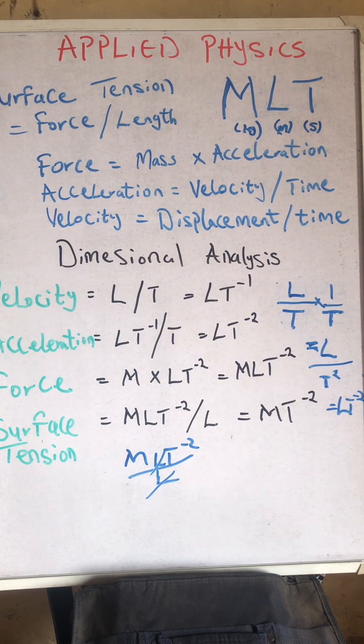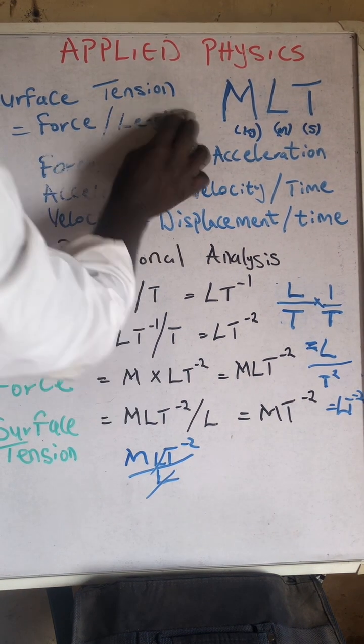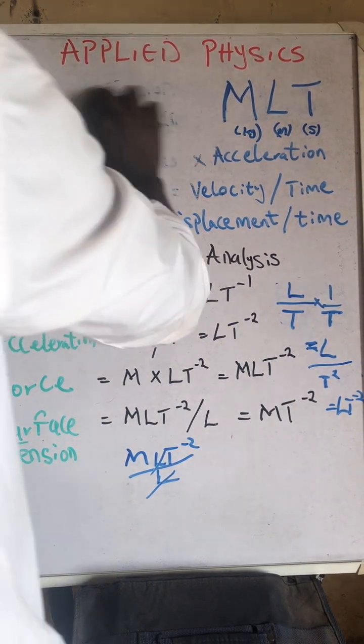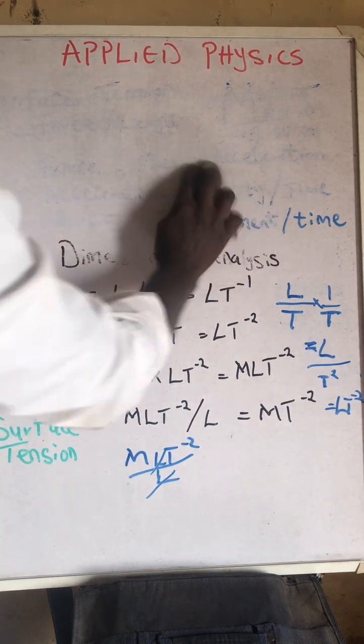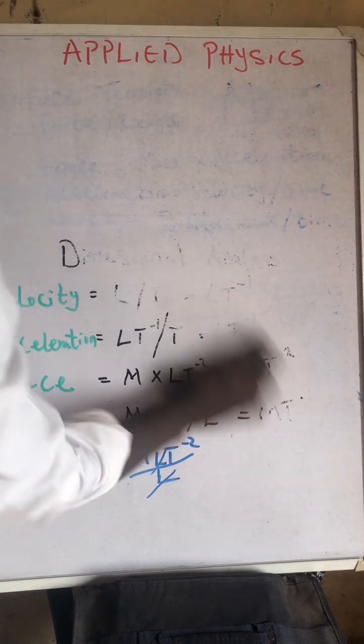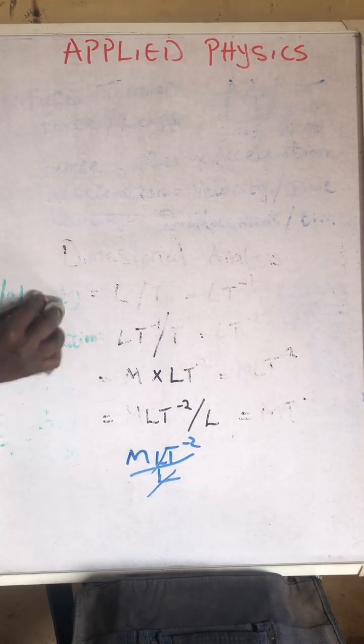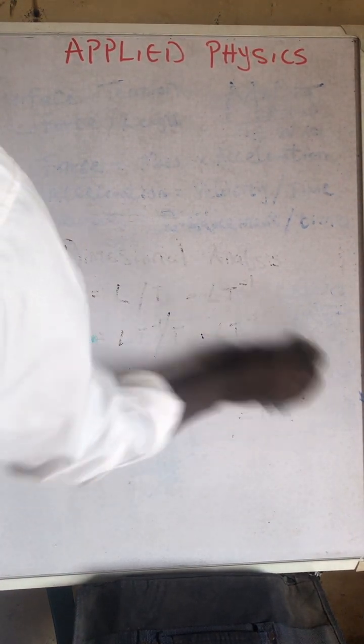So we are going to be entering the next topic. Okay, we have done surface tension, so we'll be solving another derived quantity, and we'll be doing it bit by bit.